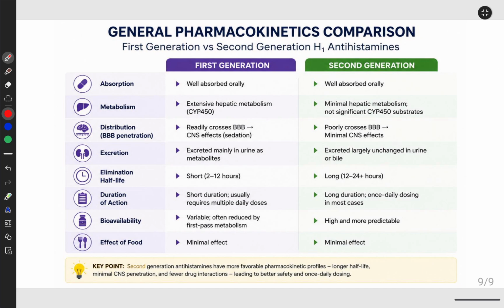If we compare all the pharmacokinetic properties of various antihistamines, you will find that both second generation and first generation are well absorbed orally. If you look at metabolism, you will find that the first generation undergo extensive hepatic metabolism, whereas the second generation have minimal hepatic metabolism and they are not a very common substrate for cytochrome P450 enzyme.